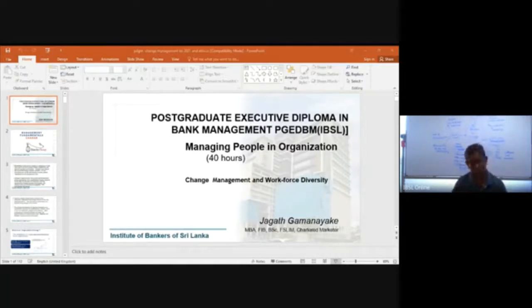Most government organizations are full of baby boomers and Gen X, right? But they are lacking in millennials and Gen Z. But the private banks, you noted, have a mixture of these.